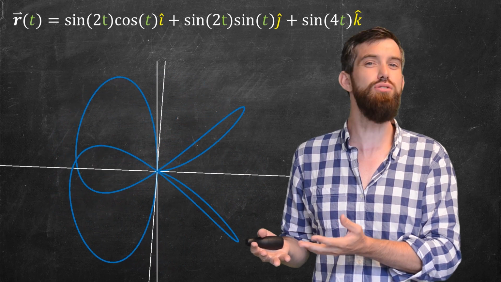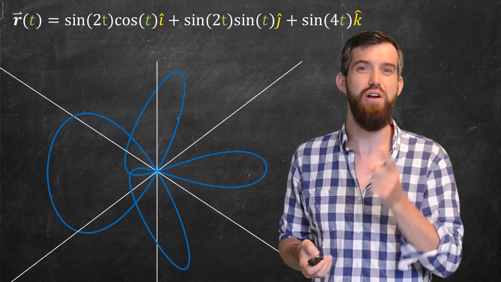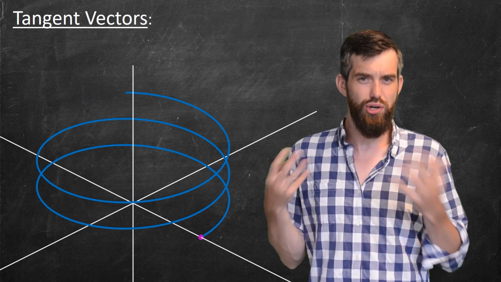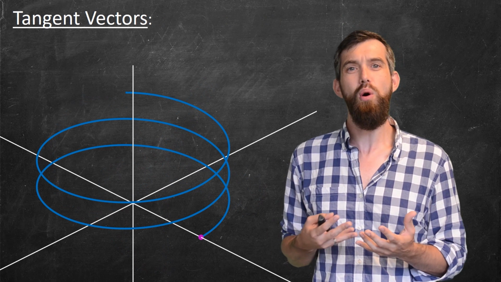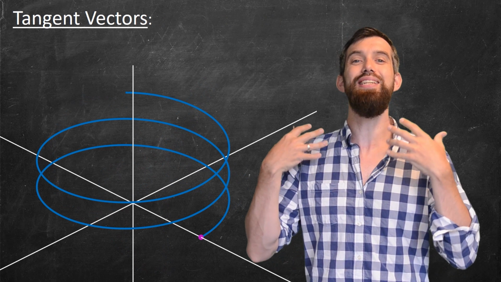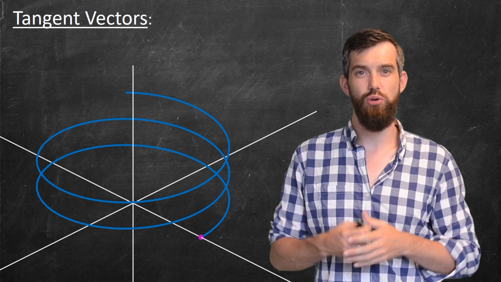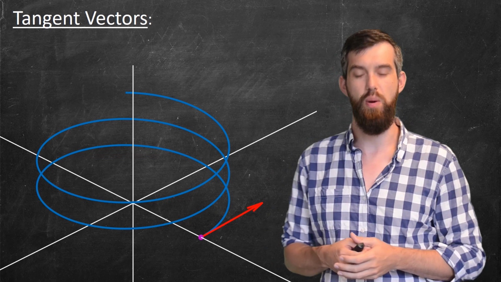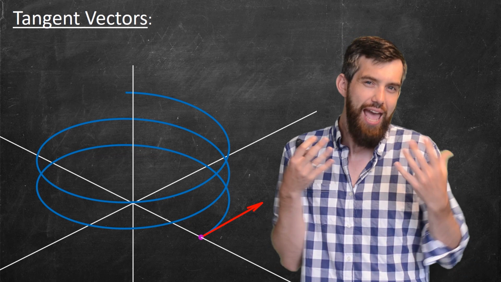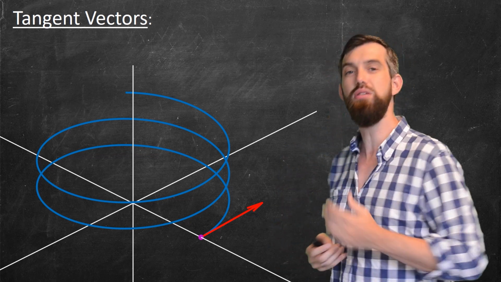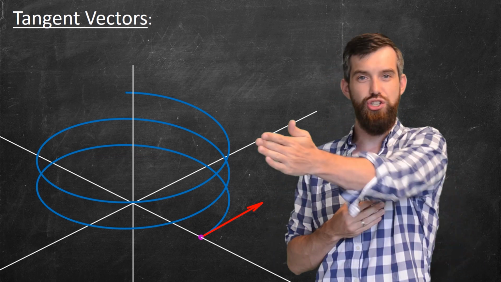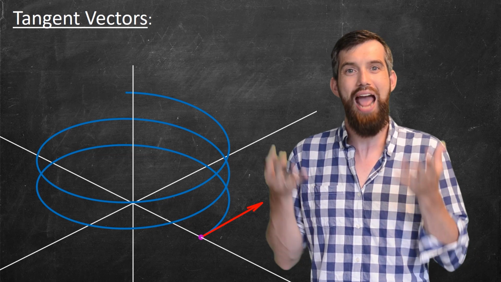All right, let's do some calculus on these vector-valued functions. Let's return to the helix. And what I want to try to do is describe a tangent vector. So I'll start at that pink t equal to 0 spot, the 1, 0, 0. And a tangent vector looks like this. It's telling me the direction where the curve appears to be going at that moment.